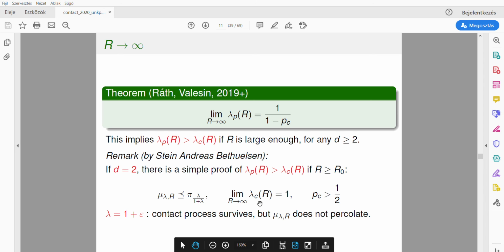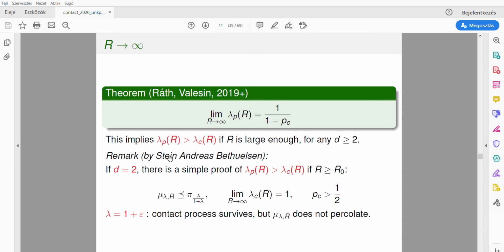The upper invariant measure is non-trivial, but since for this value of lambda the upper invariant measure is dominated by a Bernoulli whose parameter is less than p_c, the dominating Bernoulli does not percolate, and therefore my upper invariant measure does not percolate either. So for this value of lambda, the contact process survives, but it does not percolate. Therefore the 2 critical thresholds are different because this value of lambda is between them. So this is the trivial argument of Stein.